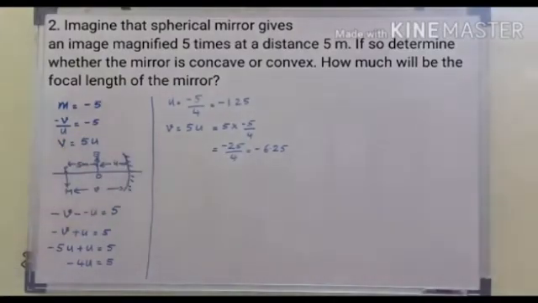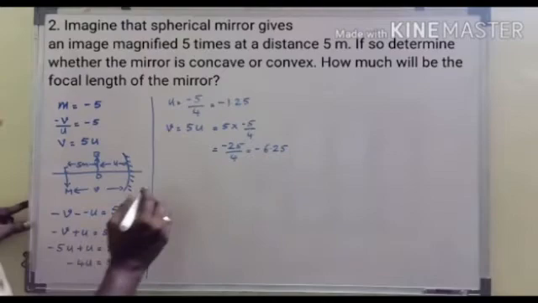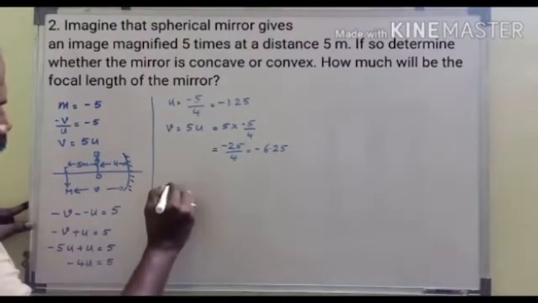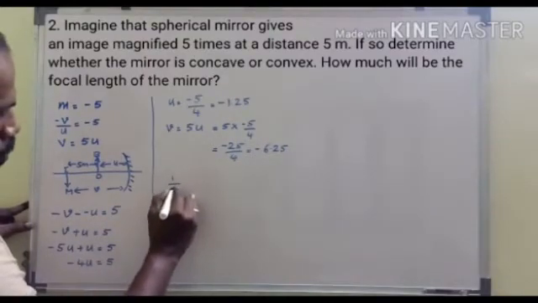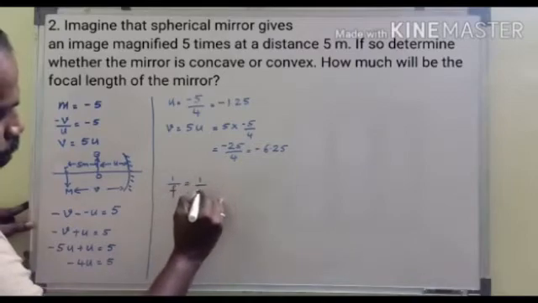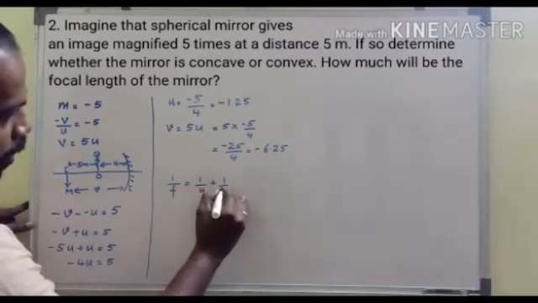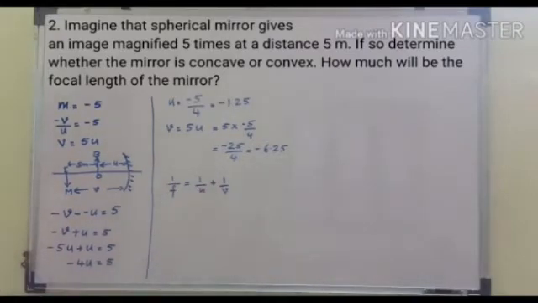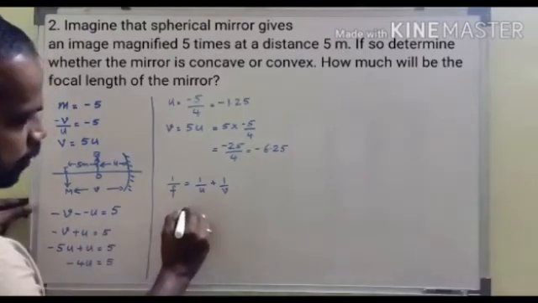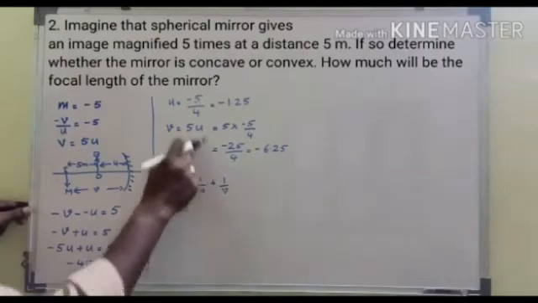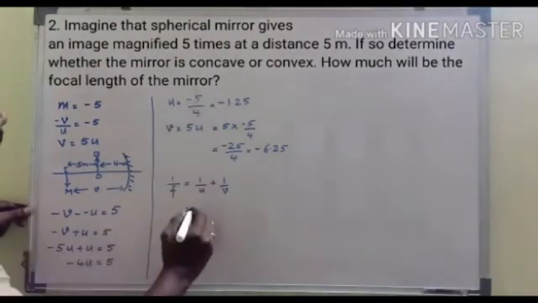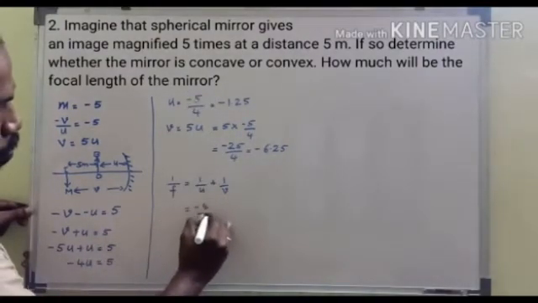According to the mirror equation, we can write 1 by f is equal to 1 by u plus 1 by v. So we can write this as 1 by u, that is minus 4 by 5.